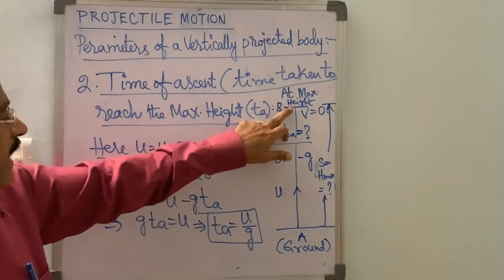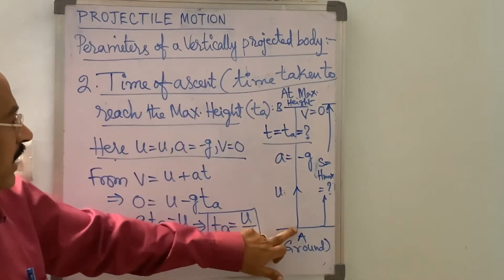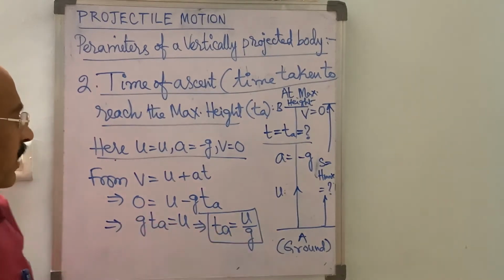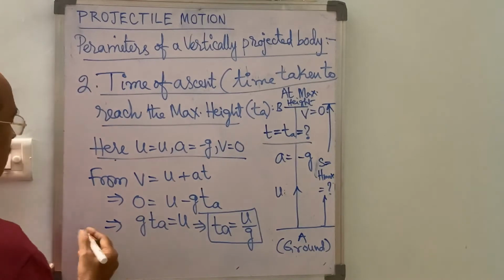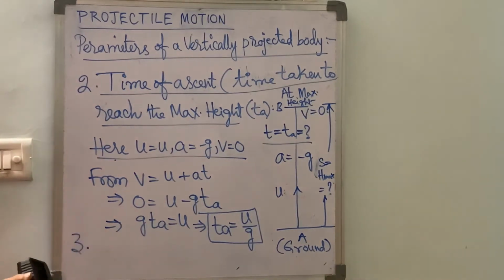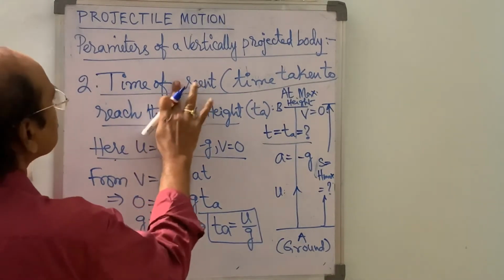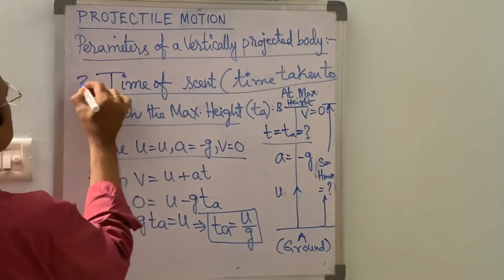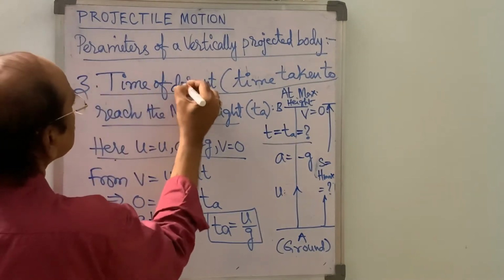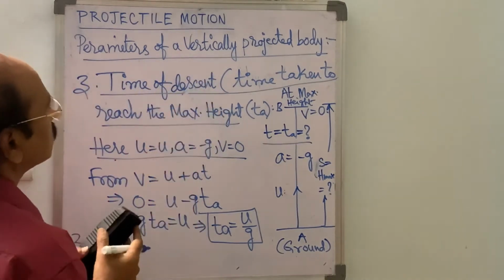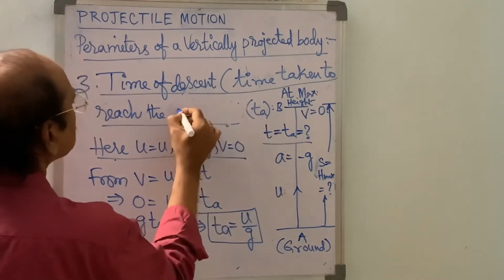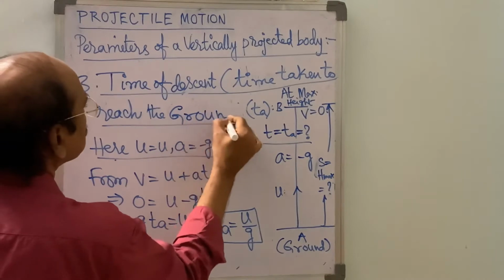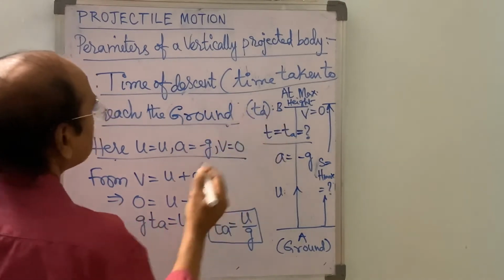And the time taken by the body from maximum height to reach the ground again, it takes the same time, and it is known as time of descent. Time taken to reach the ground from maximum height is known as td.